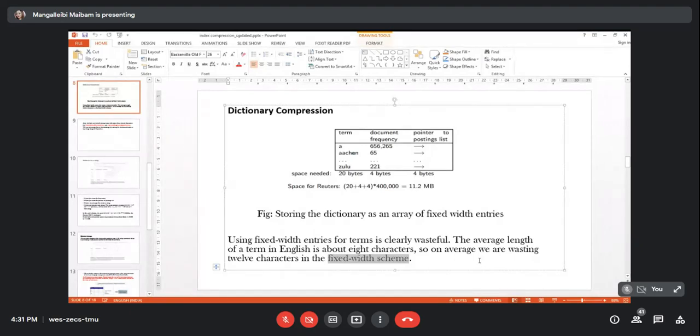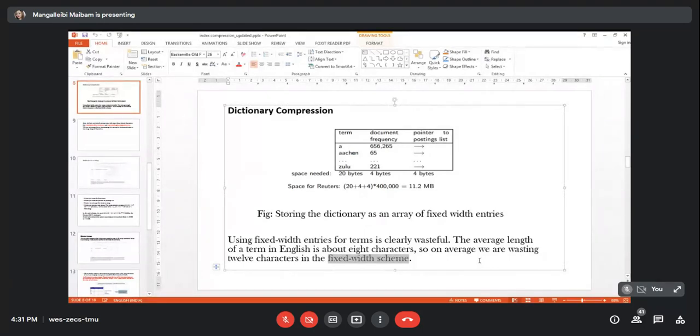So the disadvantage of the fixed width scheme is that we use a fixed width for every term, whether long or short; we are going to use 20 bytes. But on average, the length of a term in English is about 8 characters only. There are few words which are more than 8 characters. There are words of more than 10 characters, but we don't use them frequently.